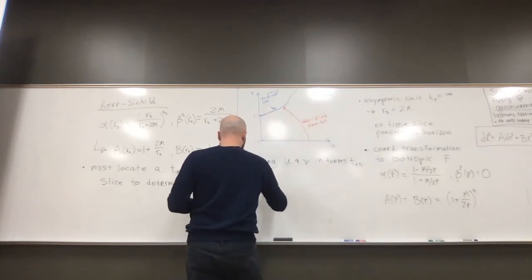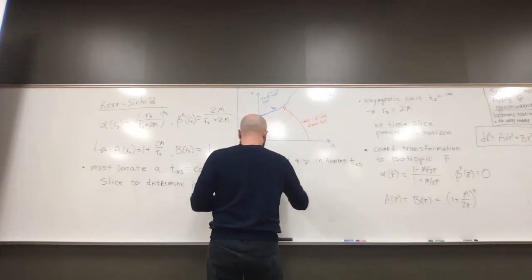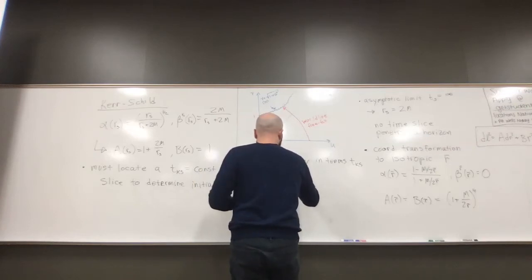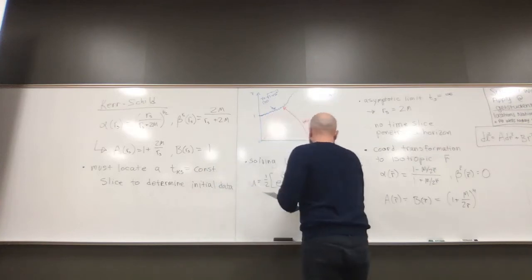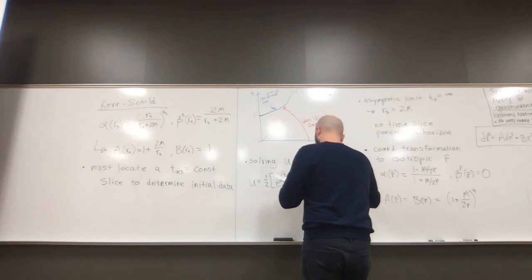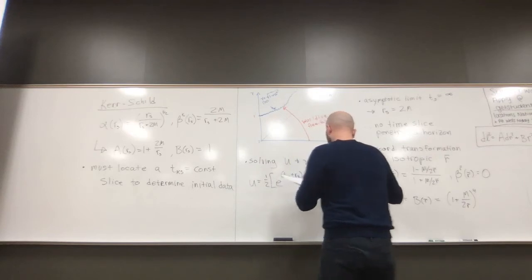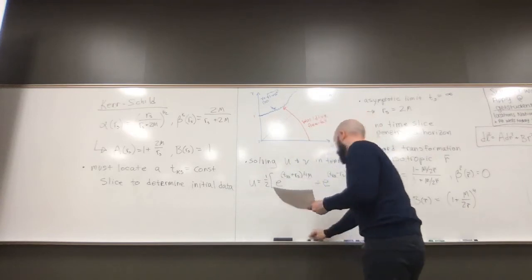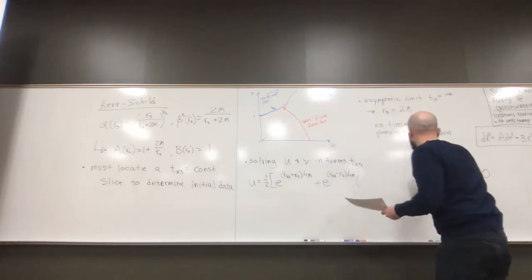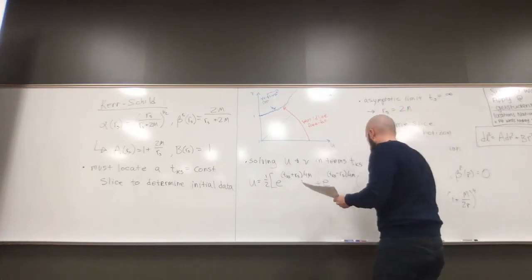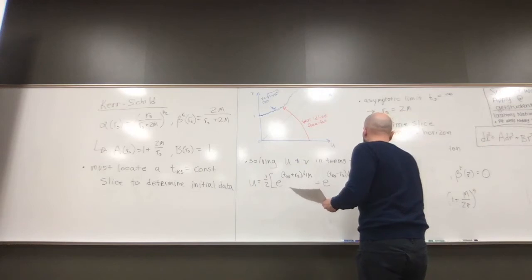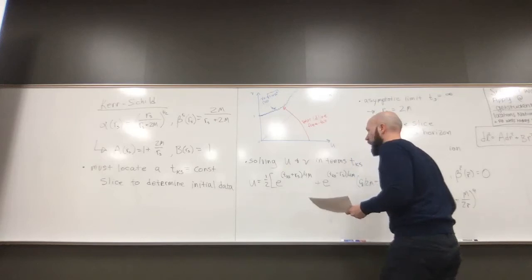U is equal to 1/2 all times the exponential of TKS plus RS all over 4M plus exponential of TKS minus RS all over 4M, all of that times RS over 2M minus 1, close bracket.